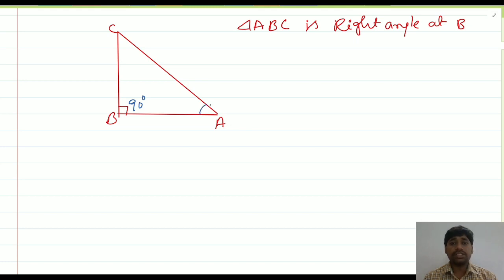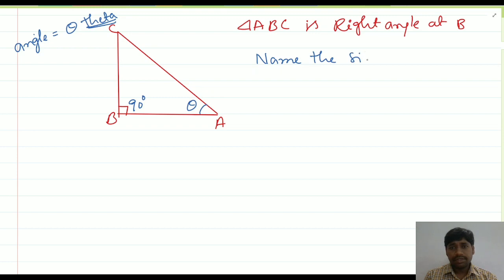Then let us represent the angle with a symbol called theta, and say this is the angle. Then how can we name the sides of the right angle triangle?